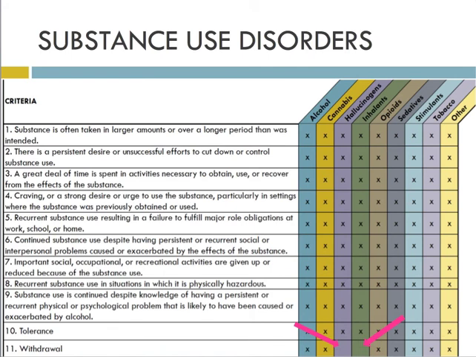Now, one thing to note is that withdrawal symptoms don't occur for all substances. So for hallucinogens and inhalants, we don't see withdrawal symptoms, even with abrupt discontinuation after chronic use. So withdrawal symptoms wouldn't count as a symptom of a substance use disorder for those two classes of substances.